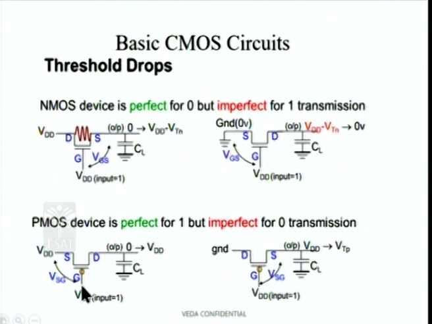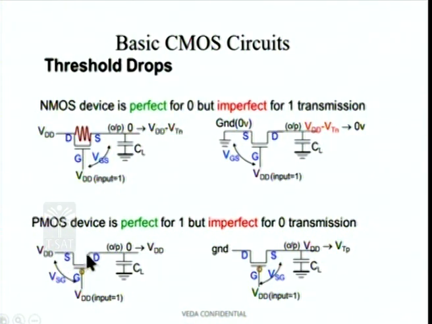When the device is turned on, this will be at 0 and this will be at VDD. Therefore, the voltage difference between the source and the gate is fixed and large enough for the device to be conducting always. When the device conducts, the current flows from the source to the drain through the majority carriers, that is the holes, and the direction of conventional current is the same as the direction of the movement of holes.